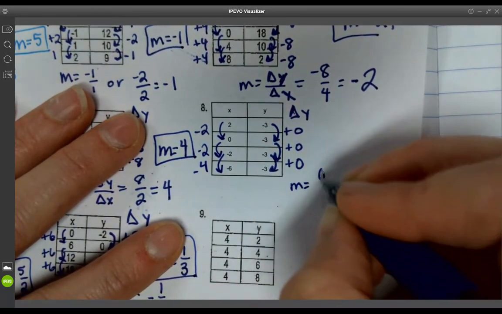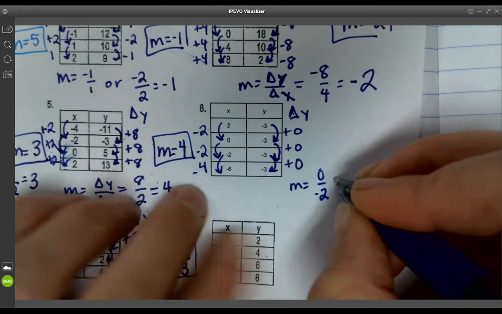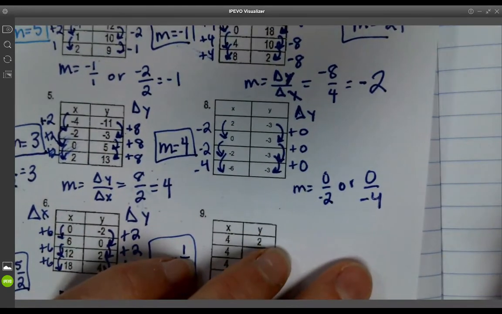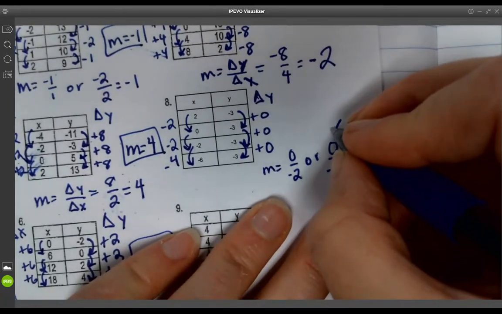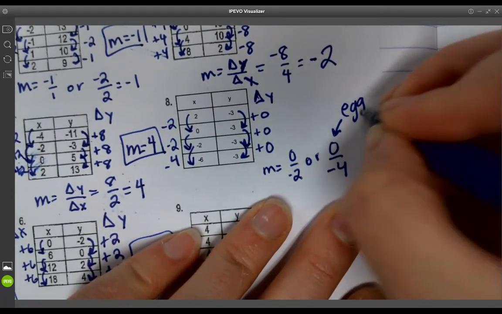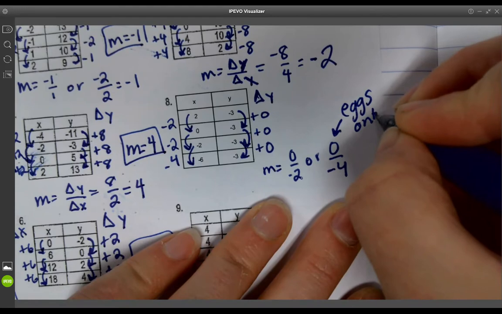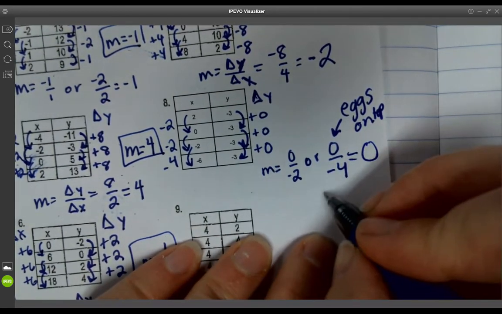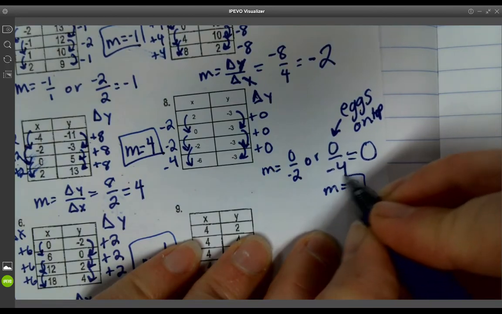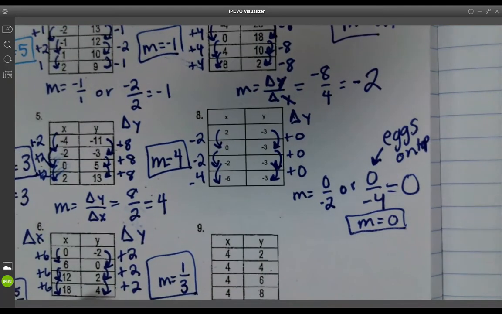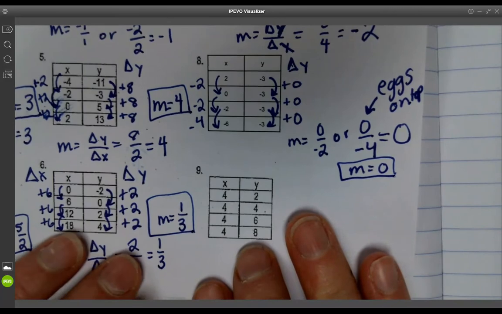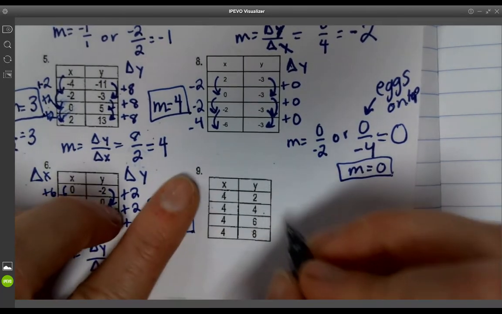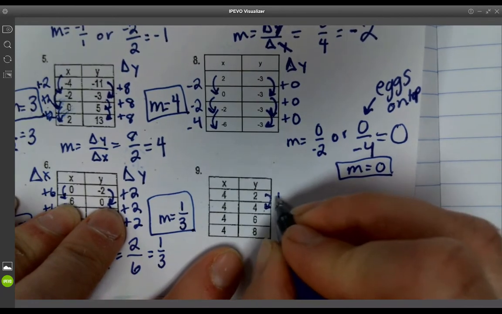So it's 0 over negative 2 or 0 over negative 4, which, X's on top, remember that? X's on top are okay. If they're okay, then it equals 0. X's on bottom is not okay. That's where it's undefined.